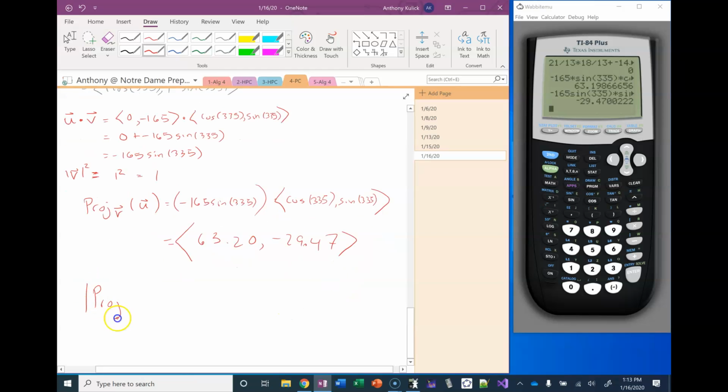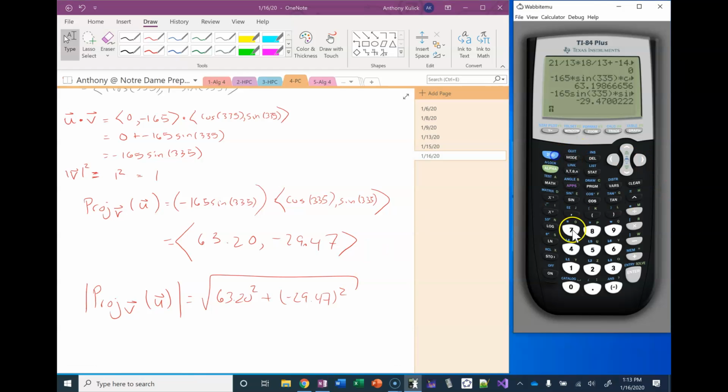So then to find the magnitude, that's all that I have left to do. It's the square root of the sum of these components squared. So I'll just do that in my calculator.